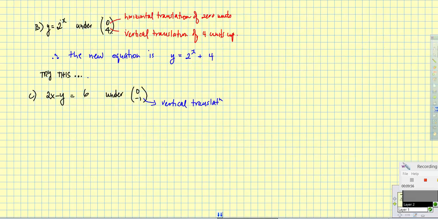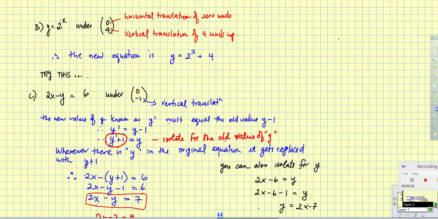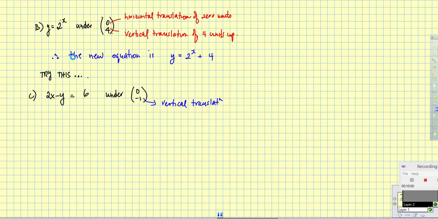Another example of this would be if we had y is equal to 2 to the power of x. Now it's irrelevant what the actual graph is. You may not even know what the y equals 2 to the x graph looks like, but we don't particularly care at this point.